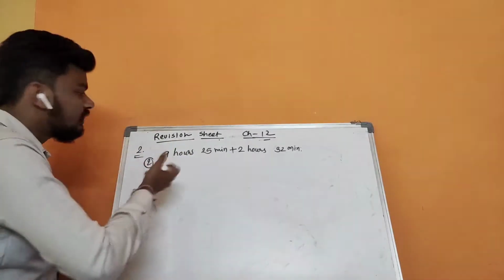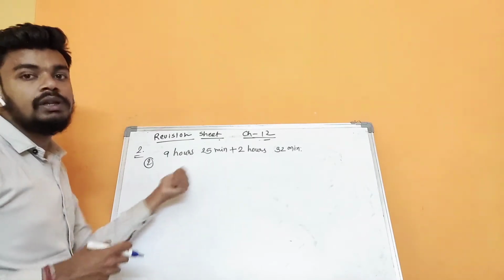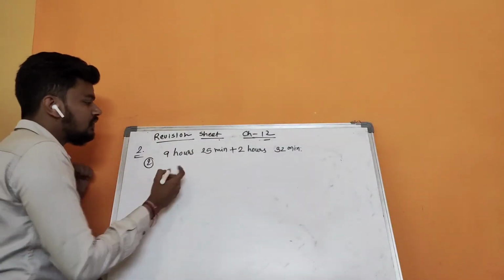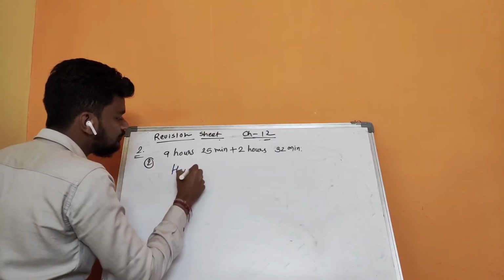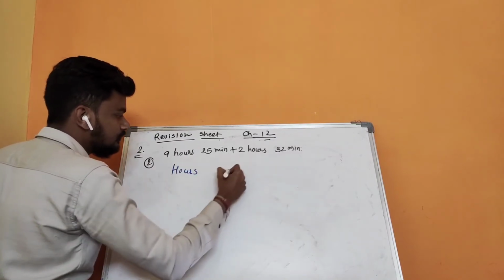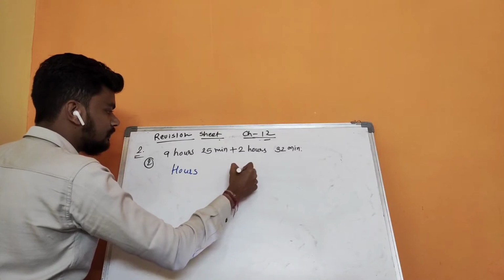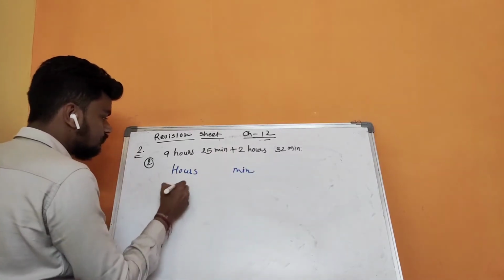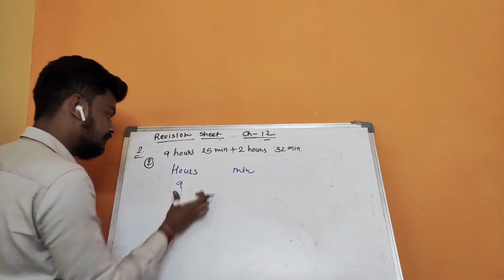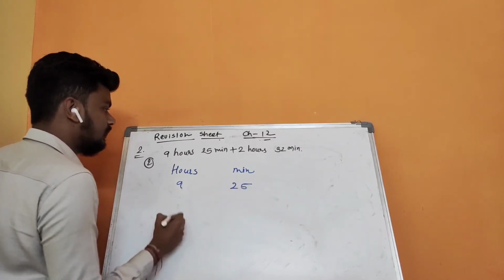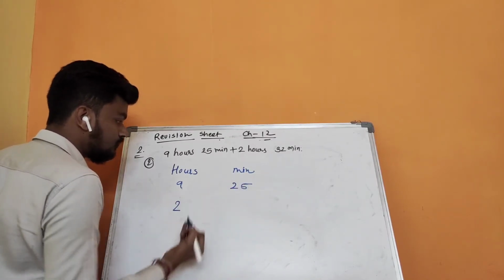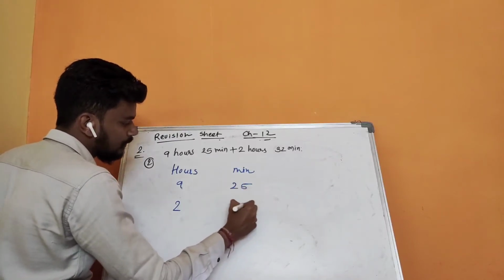Okay, let's first put both of them in the column. So hours and minutes. On this side we will write the hours, over here it's minutes. 9 hours 25 minutes, 2 hours 32 minutes.